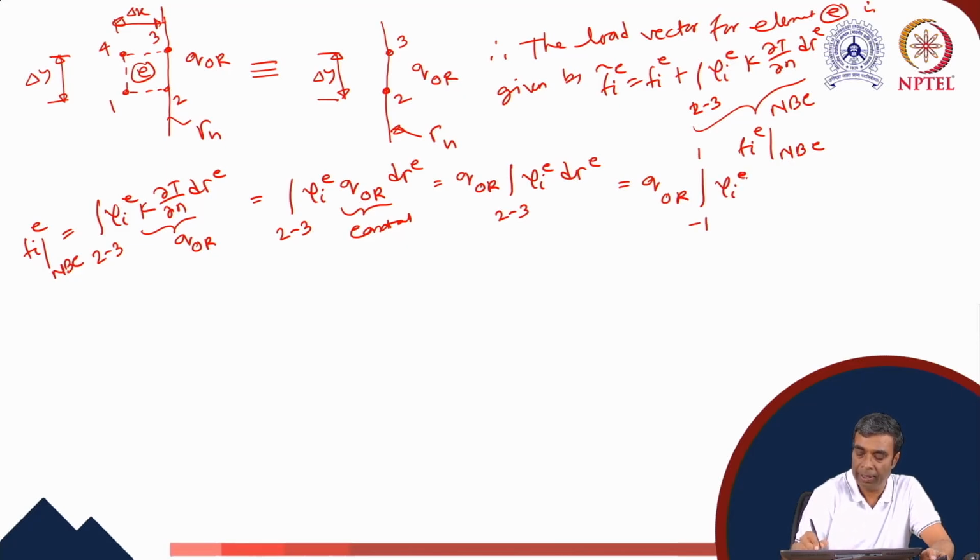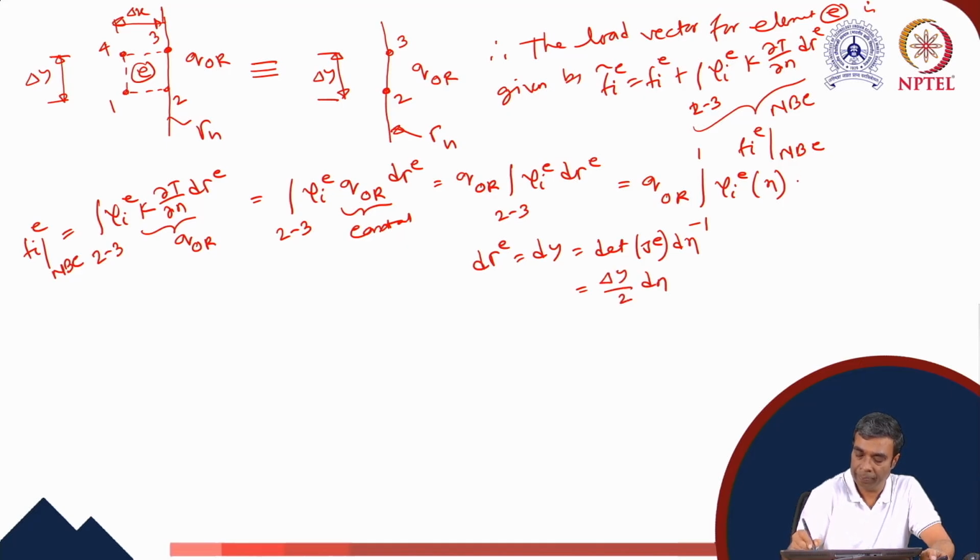Then psi IE is represented in terms of eta and d gamma E equals dy equals determinant of the Jacobian matrix into d eta. The determinant of the Jacobian matrix is delta Y by 2.